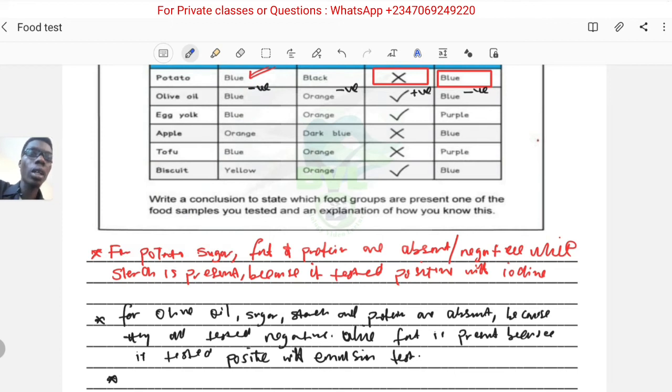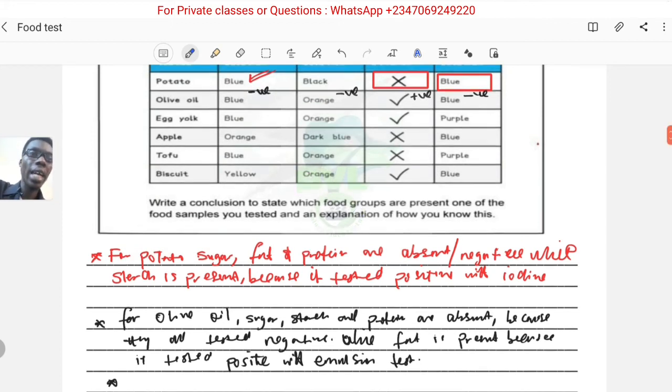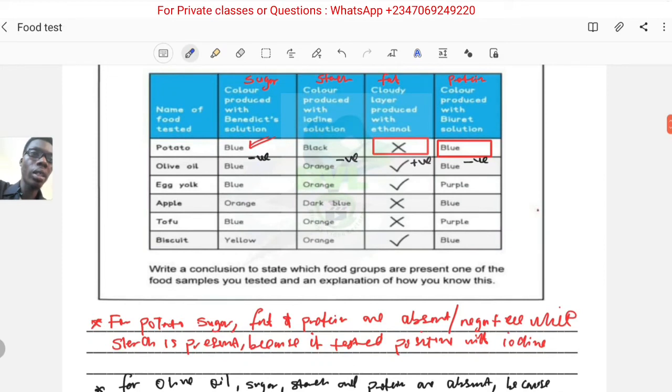For egg yolk, the color still remained blue, so that's negative. It remained orange for iodine, that's negative. The emulsion test is ticked, it's positive. It's positive for biuret too, because the purple color for the biuret test means there's protein present.